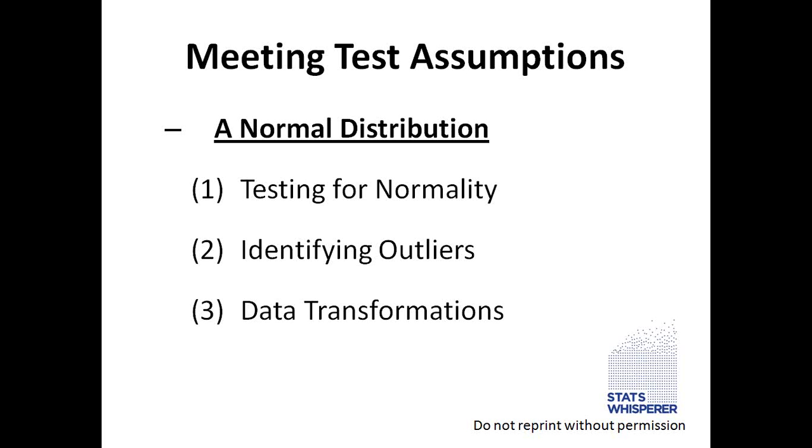So testing for the normal distribution. If anyone does any of these, they test for this. Right? So there's 3 steps to testing for normal distribution. First, you want to test for normality. You want to see if the distribution is normal.